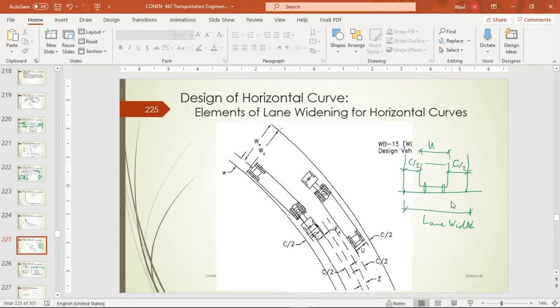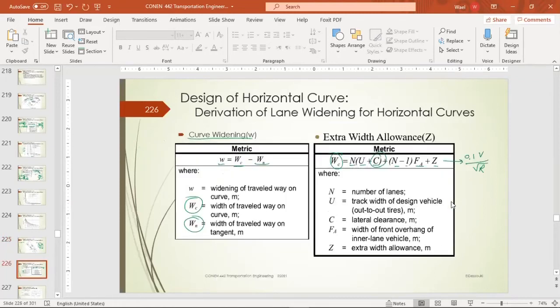That means C equals lane width minus the width of the design vehicle. Clear?